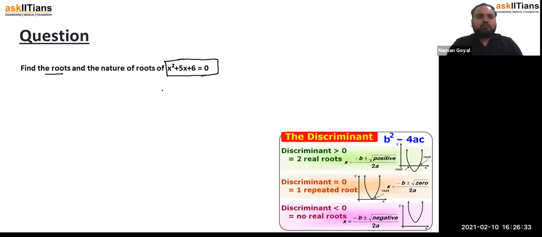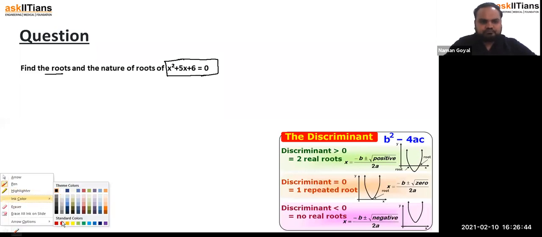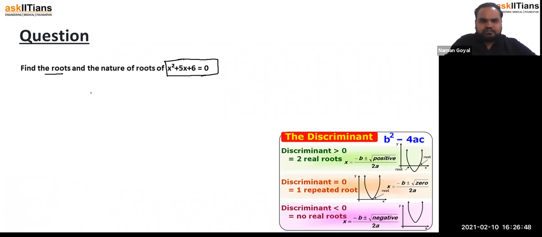So that's why we are going to find the roots of this equation by using the quadratic formula. So let's start doing this question. Okay, so can we start? Yes, we can start. So if you see, the equation is given as x square plus 5x plus 6 is equal to 0.